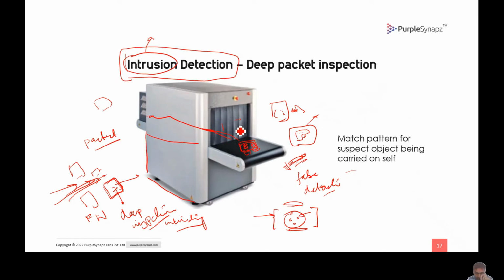If you understand what an intrusion detection system is by this concept, then bravo, you are on the second level of understanding the basics of network security, in which you have understood the firewall as well as what an IDS means.